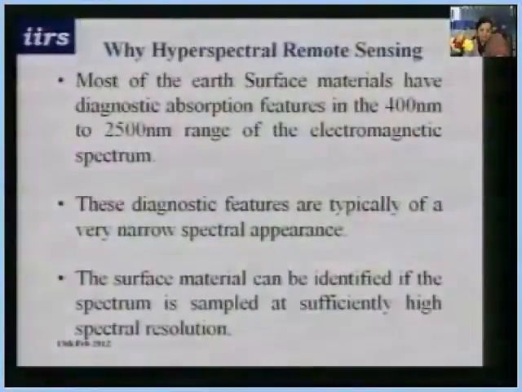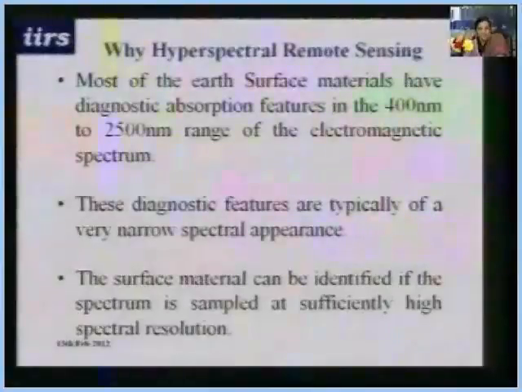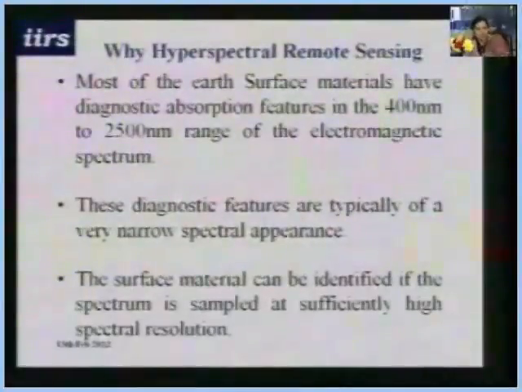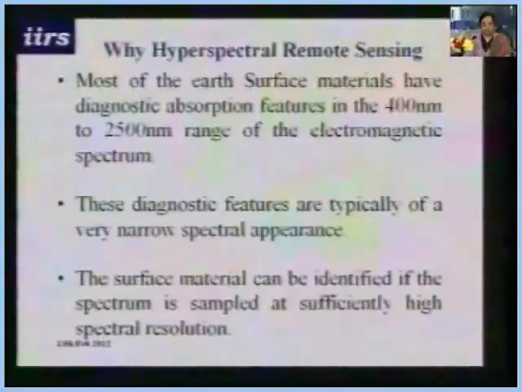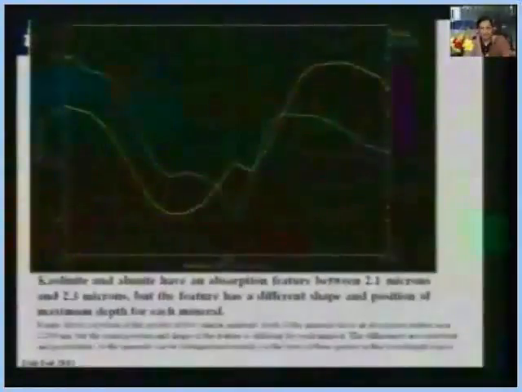The surface material can be identified if the spectrum is sampled at sufficiently high spectral resolution, because these absorption zones are sometimes very, very narrow. If we measure in broadband remote sensing, they are lost. If they are sampled at very narrow spectral regions, then we'll be able to capture them, which enables us to identify that particular object.